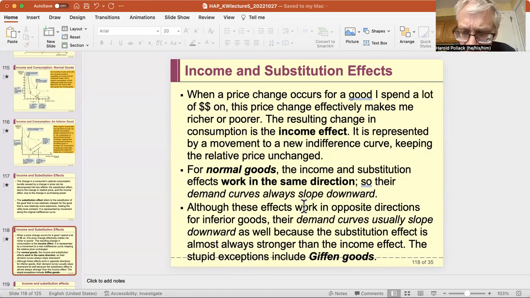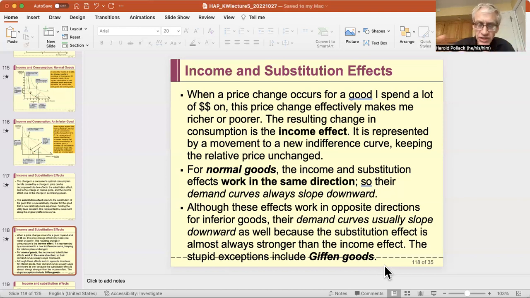There are occasionally examples where it goes the other way. Giffen goods are the classic example. There are some possibilities where that can happen. I think a better example than Giffen goods would be certain kinds of high status goods that become higher status when they become more expensive.